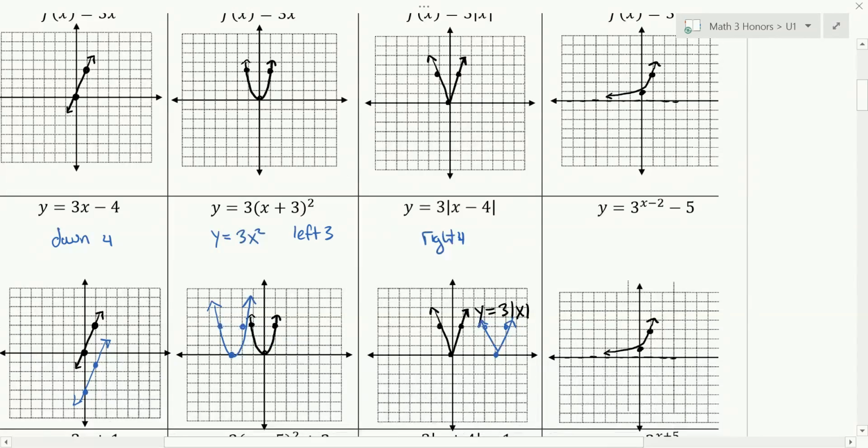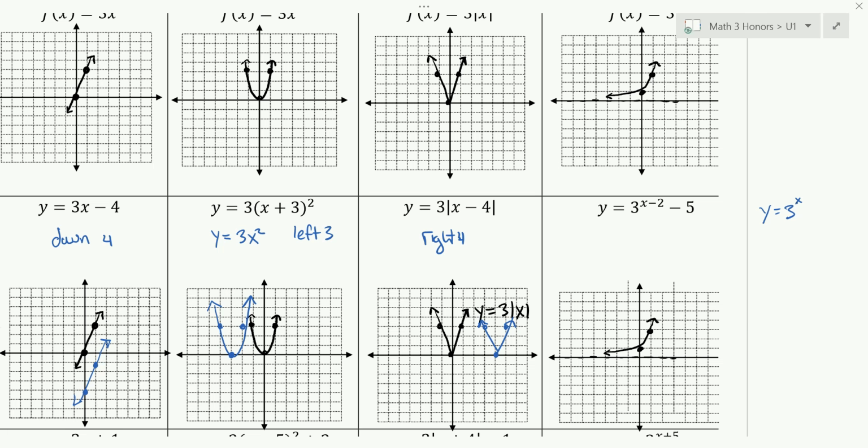And then our exponential function, we have a couple things happening here. The original was y equals 3 to the power of x, and that's what's graphed here, what you see above. And here we have a minus 5 and a minus 2 to think about.